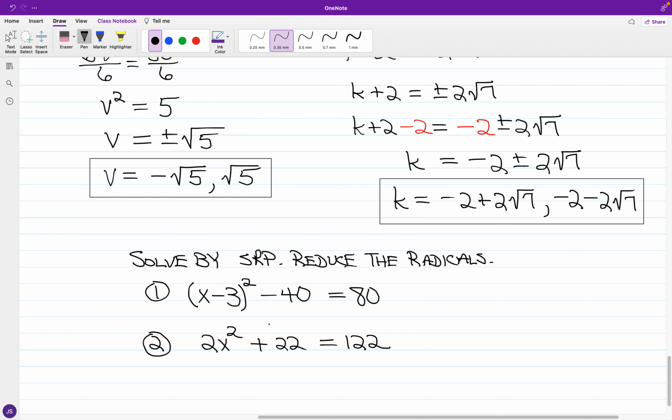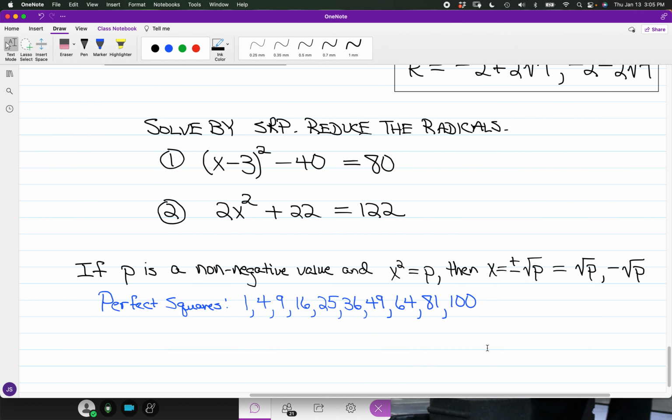So let's see what we get for x by utilizing the square root property, and also where you have radicals, reduce those as much as possible.